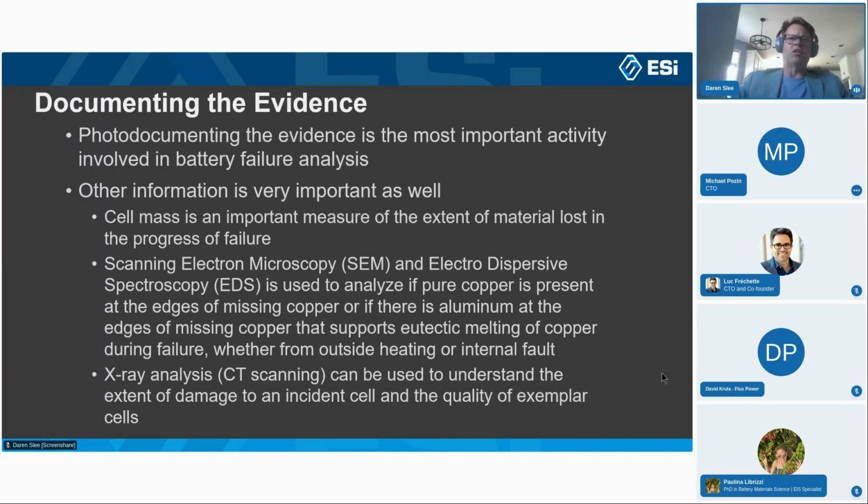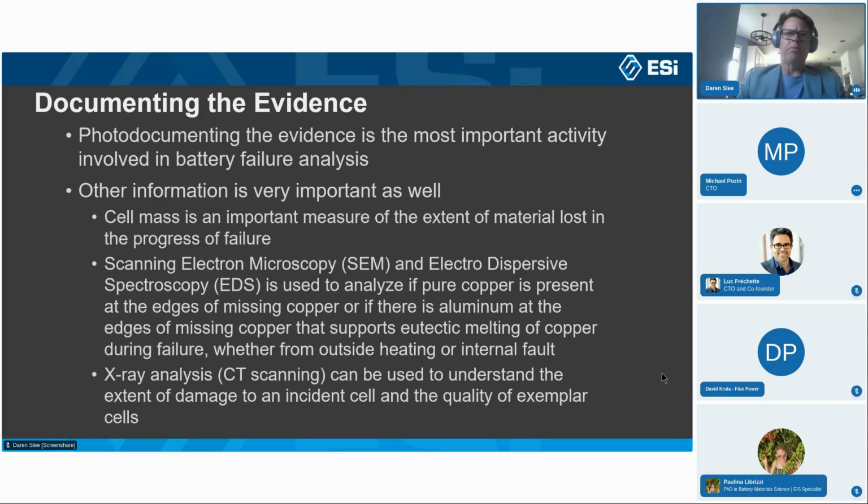Most of this is outside the cell, because I'm an electrical engineer, and a lot of my work has been on testing battery management systems and what they do to protect the cell, to keep the cell living in the world it wants to live in. So a lot of this has to do with looking at the cells.